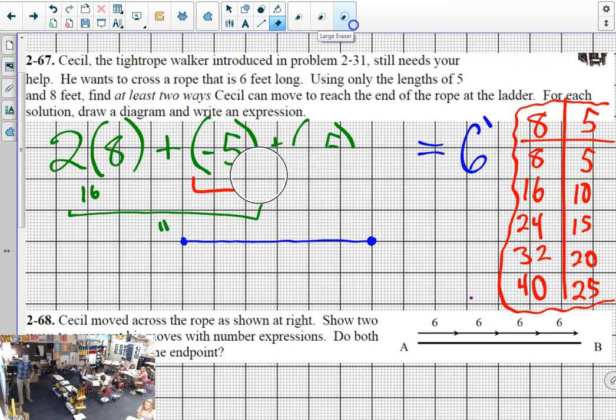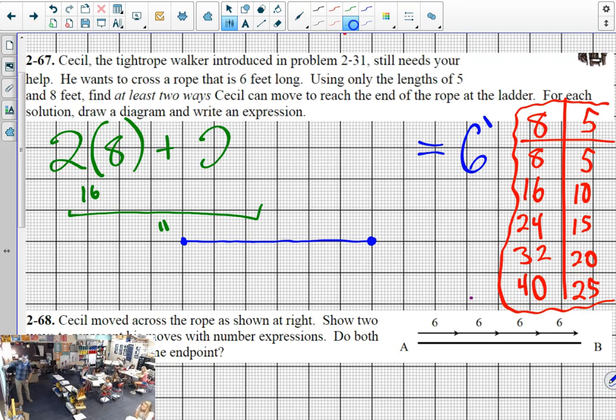Because if I do the same thing multiple times, I can say I really did 2 moves of 5 in the negative direction. Instead of just subtracting 5, that made 16, and what did this get us? Negative 10, and that gets us to 6.